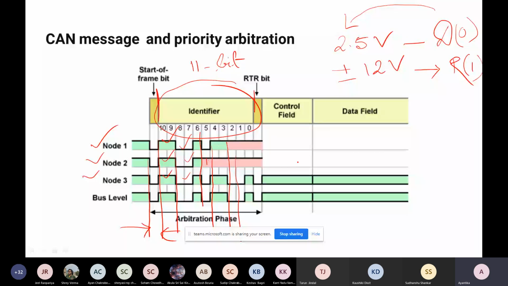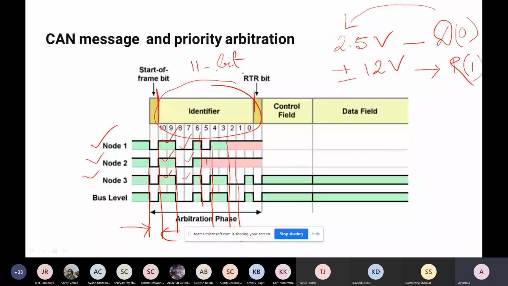Okay, so this is the idea of how CAN controls its priority decisions when multiple nodes are communicating through this shared medium. This is the typical idea of priority arbitration, and this is the importance of the identifier field.